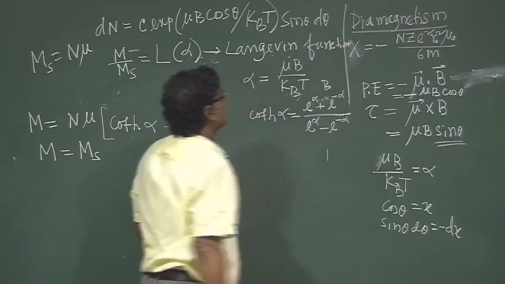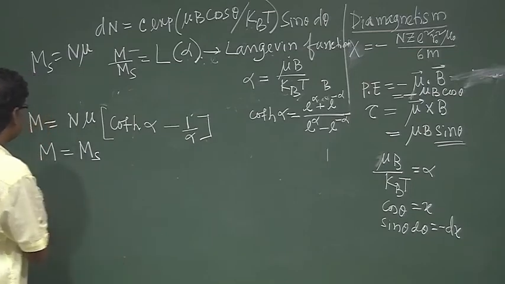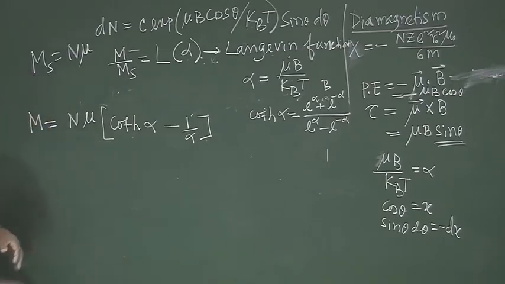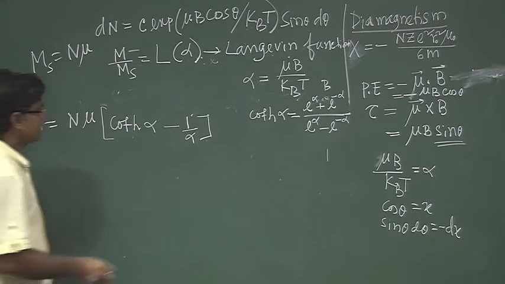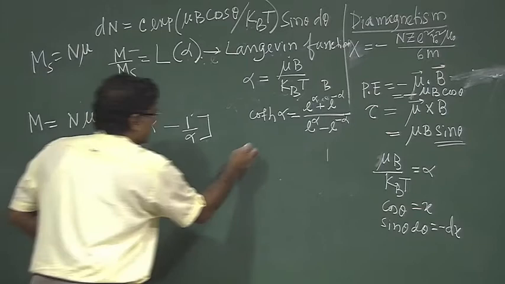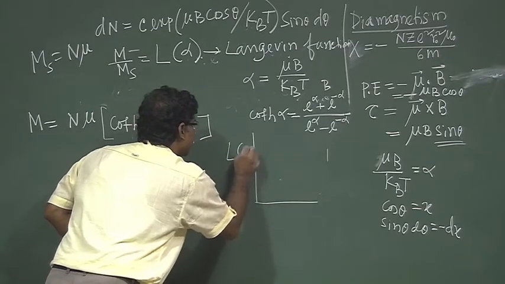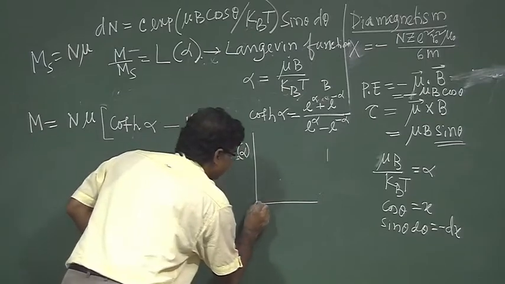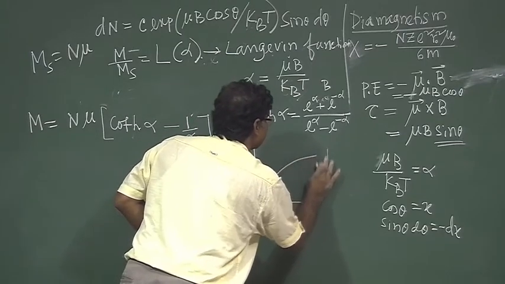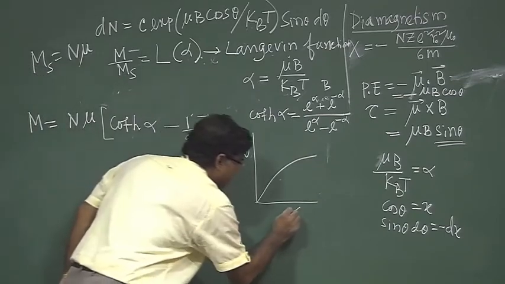This is Langevin's function. Now, if you take an approximation, so Langevin function, if I draw the curve, this L(alpha) generally varies like this, and this is a function of alpha.